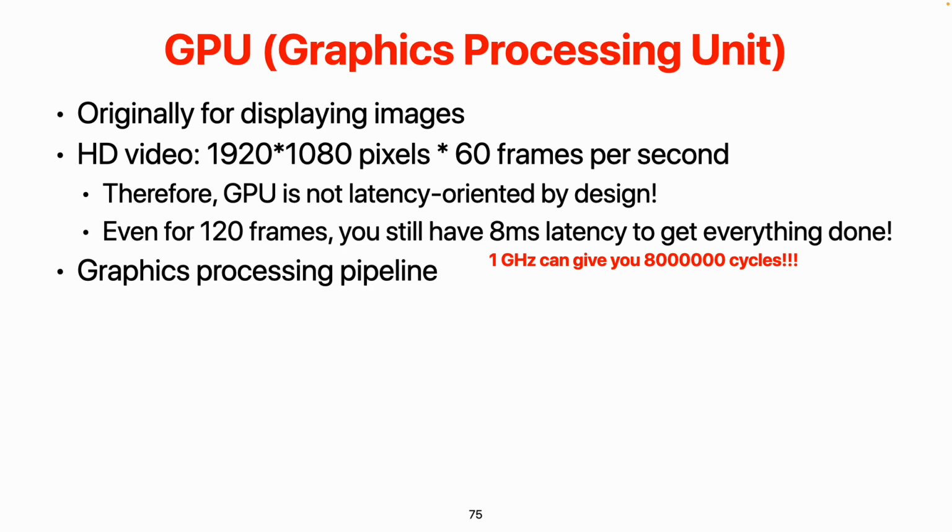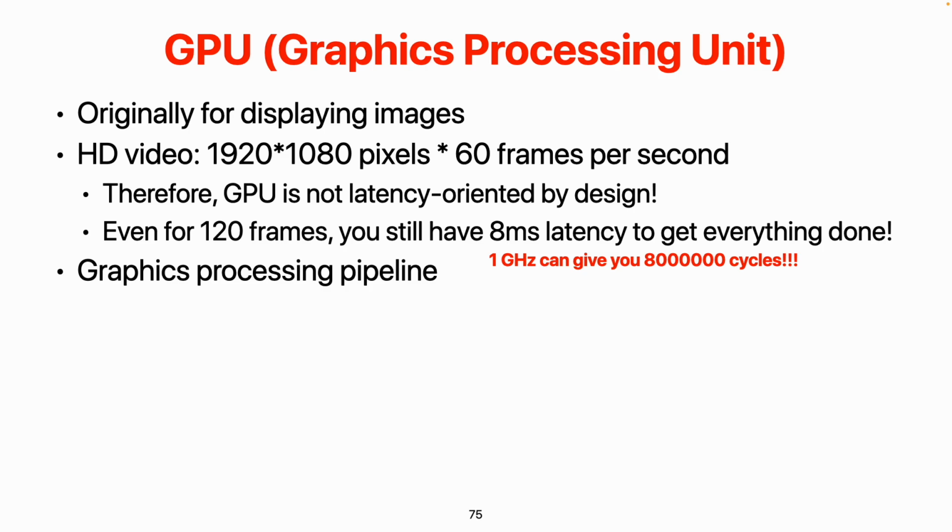Even for 120 frames, you only need to generate the result within 8 milliseconds, which is equivalent to 800,000 cycles, even though you're just operating at 1 gigahertz.